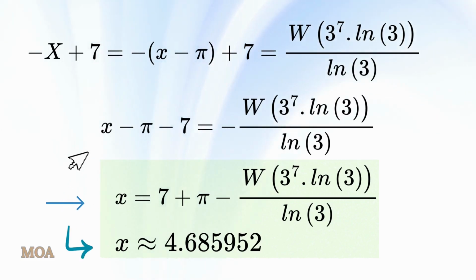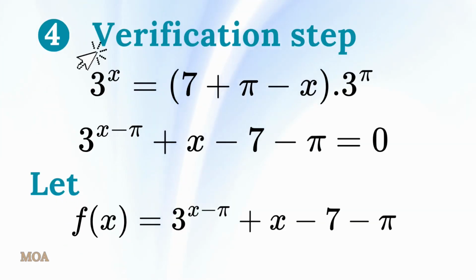Multiply both sides by negative 1 and isolate the constants on the right. Lowercase x equals 7 plus pi minus the Lambert-W function of 3 raised to the power of 7 times the natural logarithm of 3, all divided by the natural logarithm of 3. This result is approximately 4.685952.